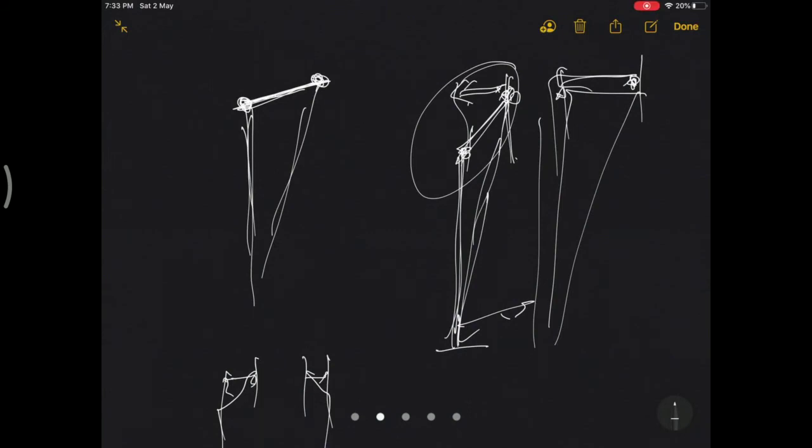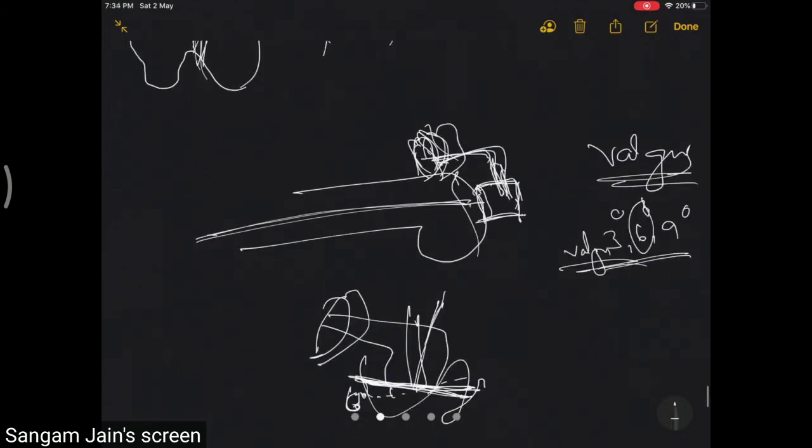So it is advised that you take more of a valgus cut to ultimately get into valgus alignment. This is a new concept. So this is how you do a distal femoral cut.